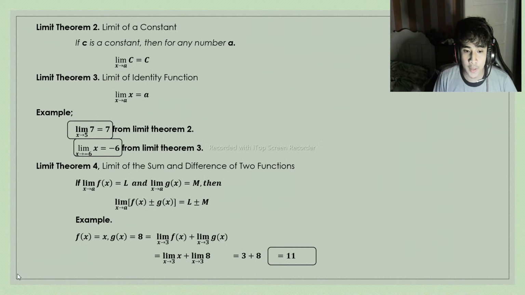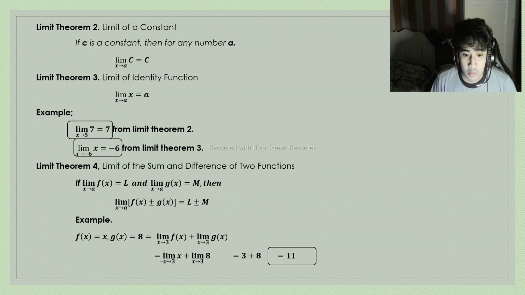So let's have an example wherein f of x is equal to x and g of x is equal to 8, wherein limit of f of x as x approaches 3 plus limit of g of x as x approaches 3.